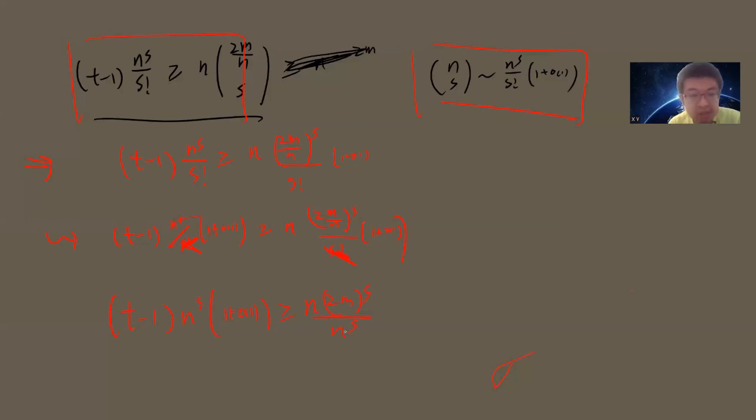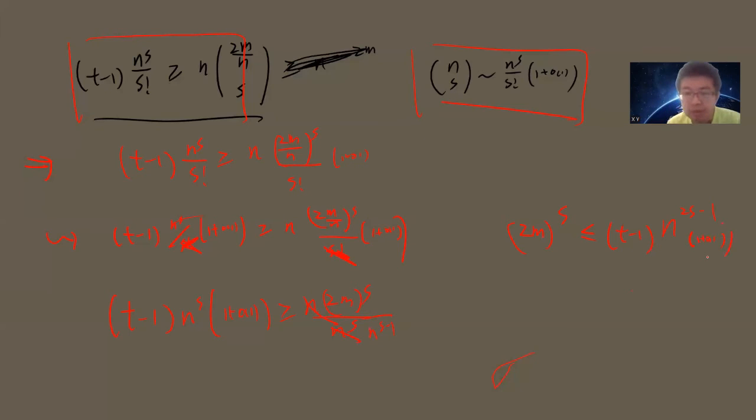And you can see this is n^(s minus 1), shifted. So if you shift it to s minus 1, you get (2m)^s equal to (t minus 1) n^(2s minus 1) with some small constant.